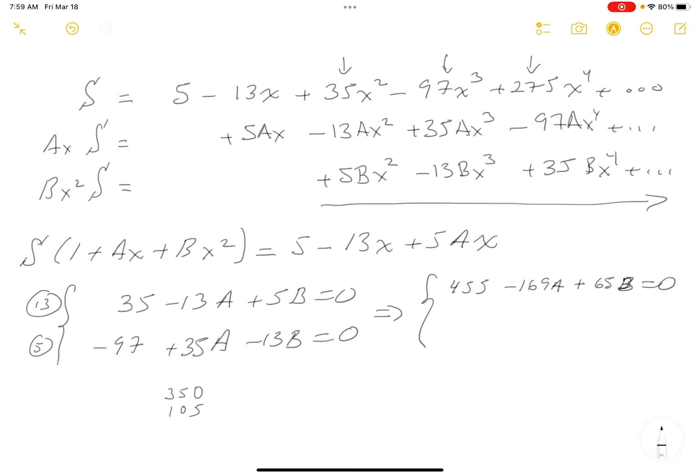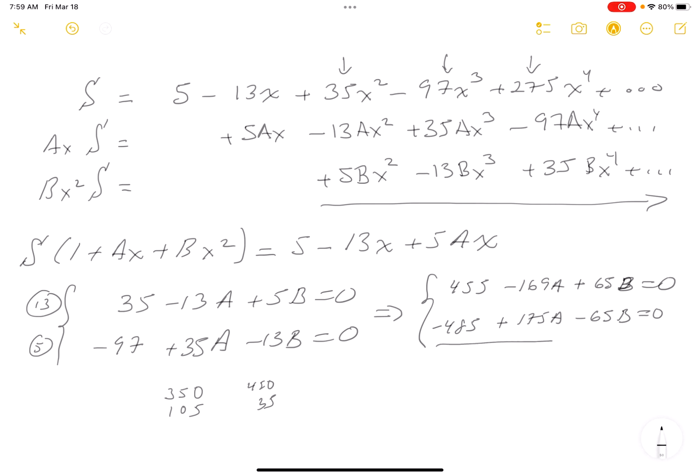That equals 0. And now 5 times minus 97, that's 450 and 35, so minus 485. And then 5 times 35 is 175a, and then 5 times minus 13 is minus 65b.